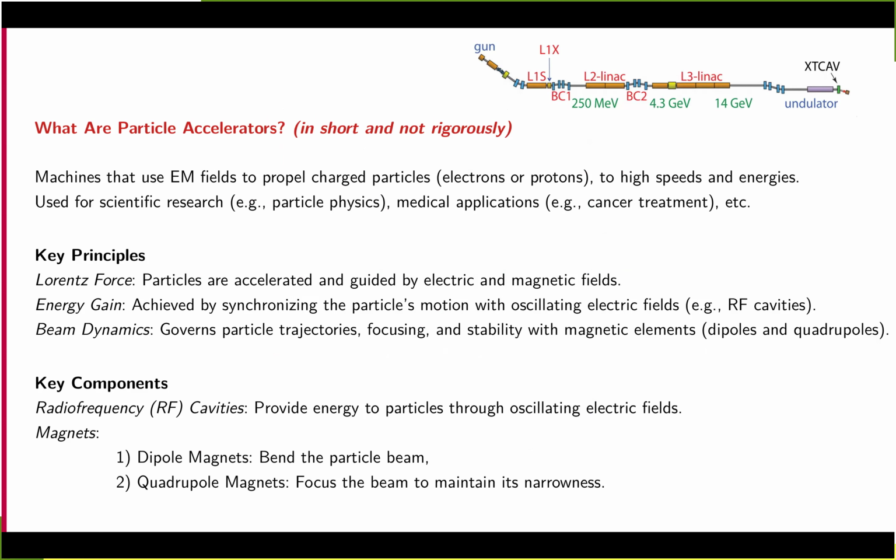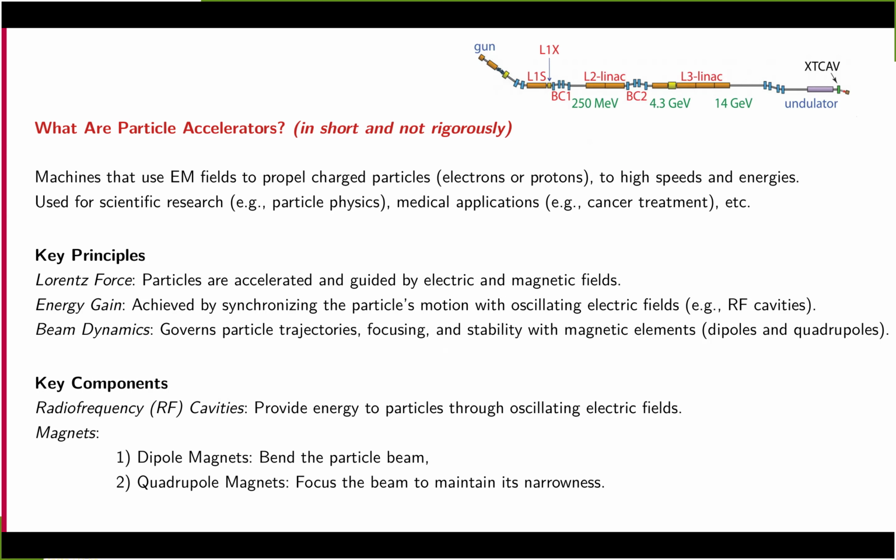The key ingredients of these machines are the fact that particles are accelerated and guided by electrical and magnetic fields, and oscillating electric fields are synchronizing the particle motion, and the beam dynamics is what governs the particle trajectories using magnetic elements, dipoles and quadrupoles.